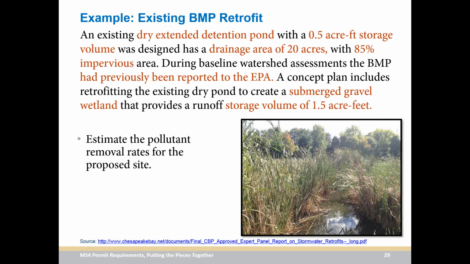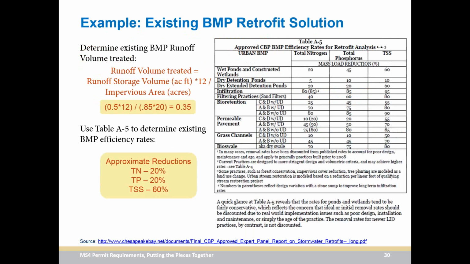So as an example, you have a dry extended detention pond and you want to create a submerged gravel wetland that will provide additional storage volume. Again, you want to determine the pollutant removal rates that you could potentially get out of this design. So the first thing you have to do is determine the existing BMP removal rates.